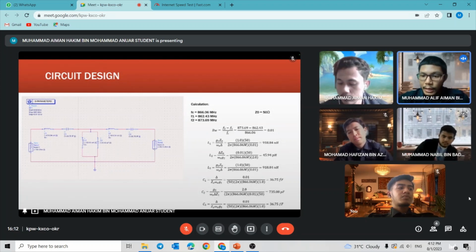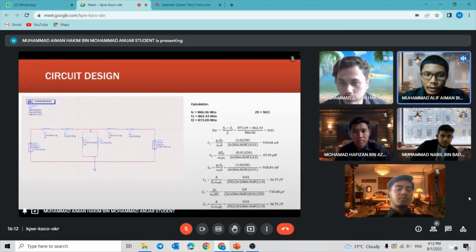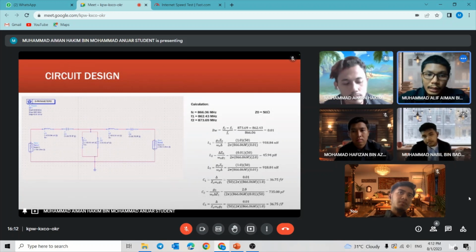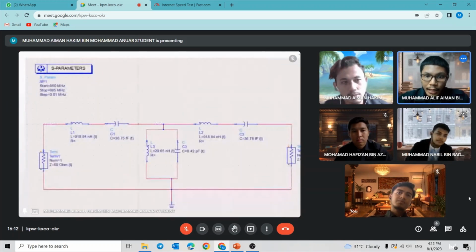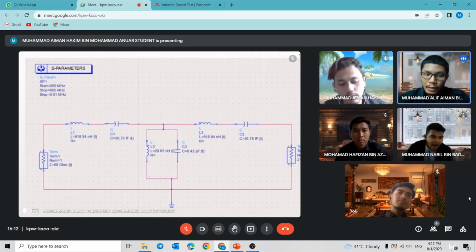The Z naught value can be obtained from the circuit at Term 1. The value of delta can be obtained by using the bandwidth value. Lastly, we set the start value to 850 MHz, the stop value to 885 MHz, and the step value to 0.01 MHz, so that we can get the bandwidth output in between.